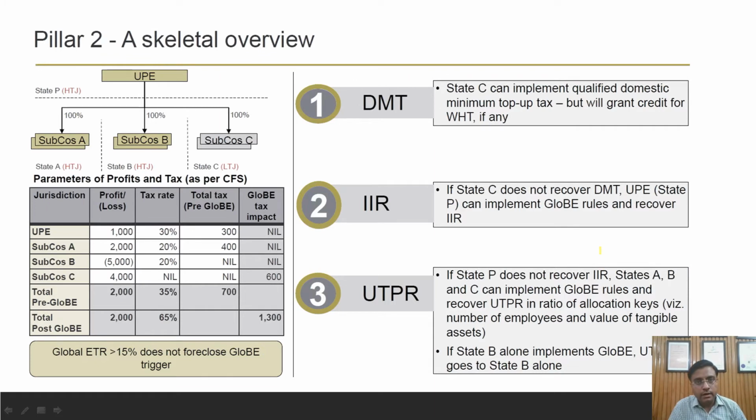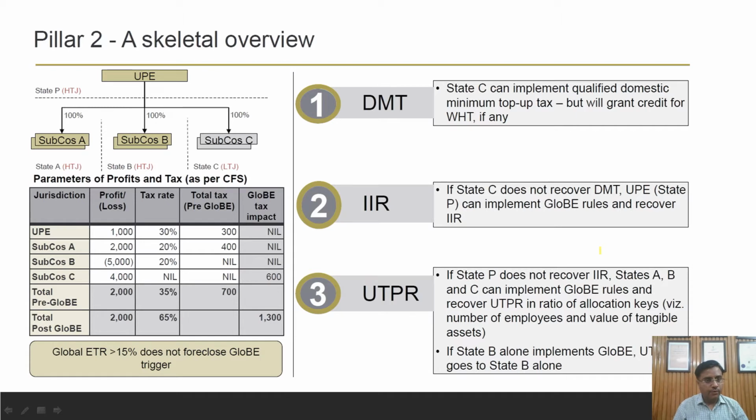So what is the domestic minimum tax? State C, in our example Dubai, UAE, can implement qualified domestic taxation, that is top up tax, but will grant credit for withholding taxes. So first of all, we need to test what will be the global impact on our final taxability.